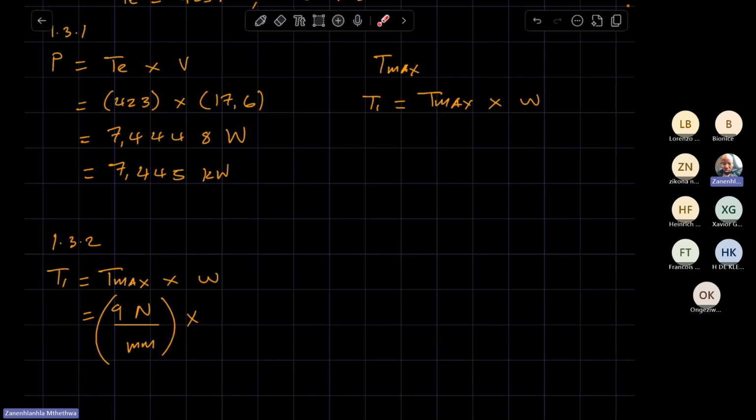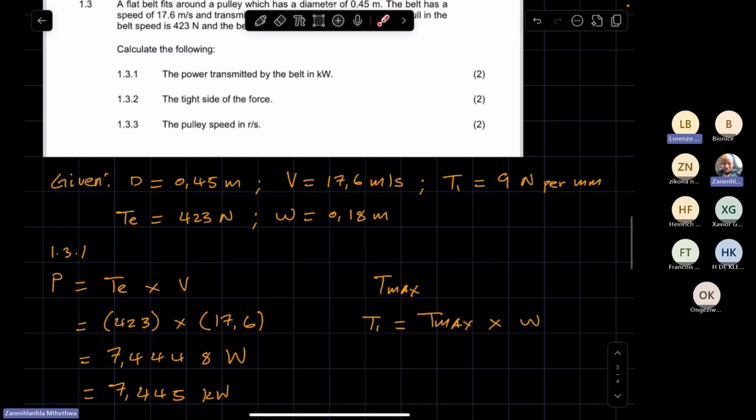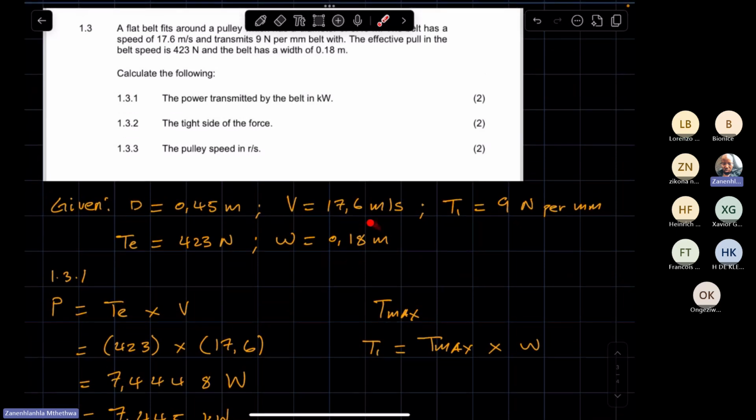Yes. So the width of the belt that has been given to us is in meters, right? Because of how this is given to us, for us to get rid of this, we have to substitute the width in millimeters. So now we have to convert the belt width from meters to millimeters.